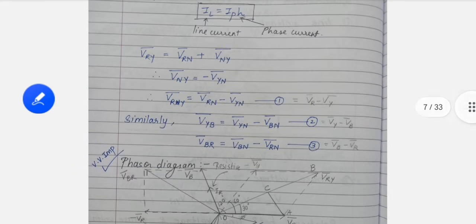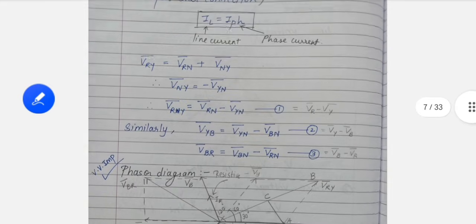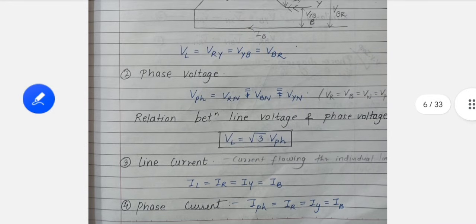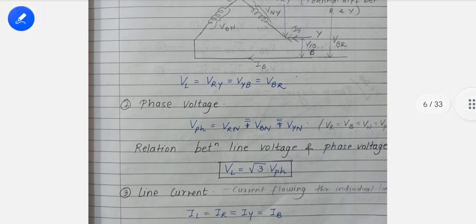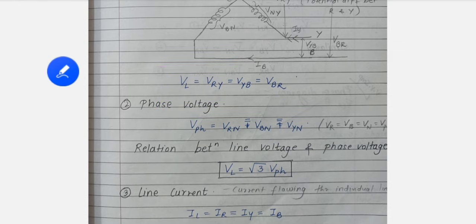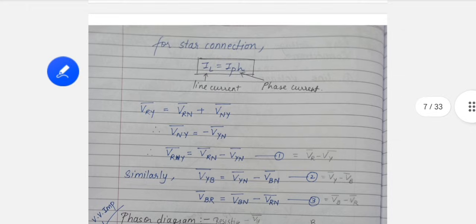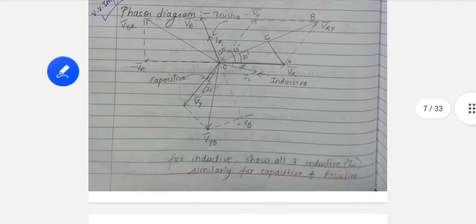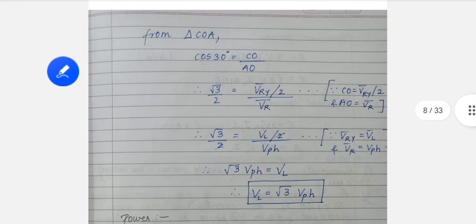Now as we have written here VL is equal to VRY, and here VPH is equal to this. So what we can conclude is that in the place of VRY we can write VL.